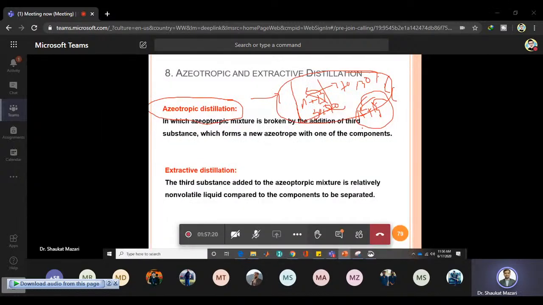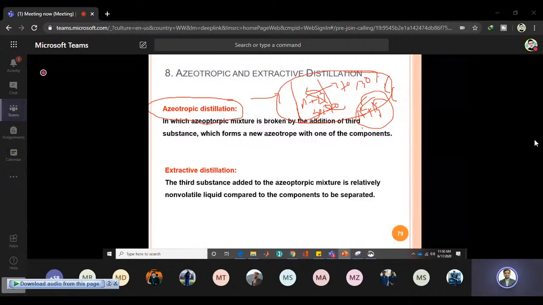Then there will be a volatility difference. For example, at 80 degrees C, one has a vapor pressure of maybe 500 mmHg. At the same temperature, the other has a vapor pressure of 450 mmHg.